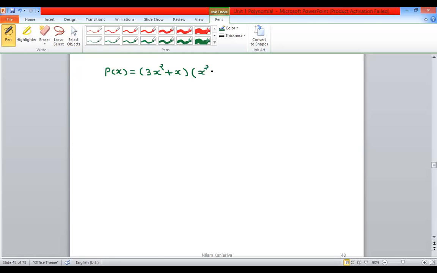What is the next step? Simplify it, that means open the bracket. Let's say I open this bracket. This 3x square is multiplied by this full bracket, so I write 3x square times x square plus 1 by x. Similarly, this x is multiplied by again this bracket.